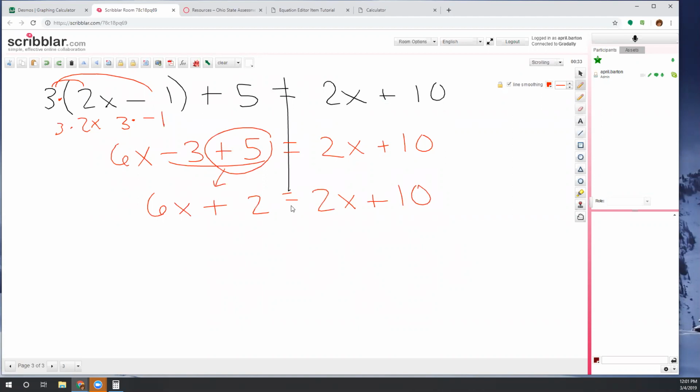So now you've got to do your opposites with your variables. The 6x and 2x can't just combine, but we can move the 2x over to the 6x. Oh, and this is where it was getting me. Okay, so would I be adding it because it's a positive?